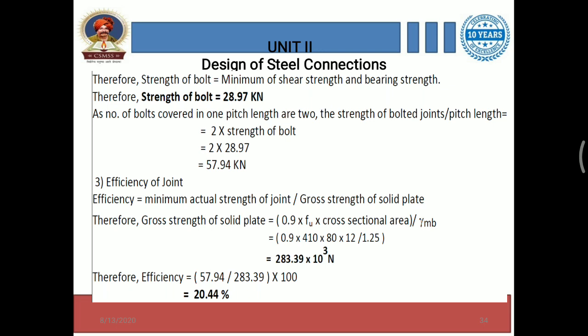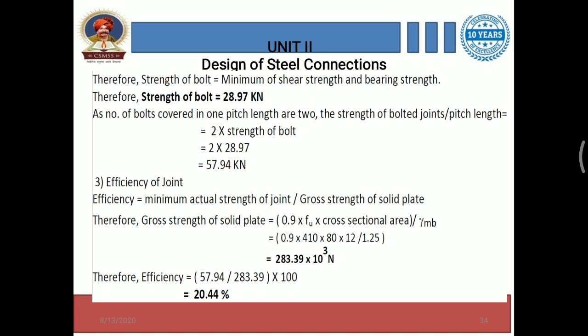Shear strength of bolt or strength of bolt is 28.97 kilonewton. Just compare two values VDSB, VDPB, and we have to take the least value or minimum value of these two, and that will be the strength of bolt.